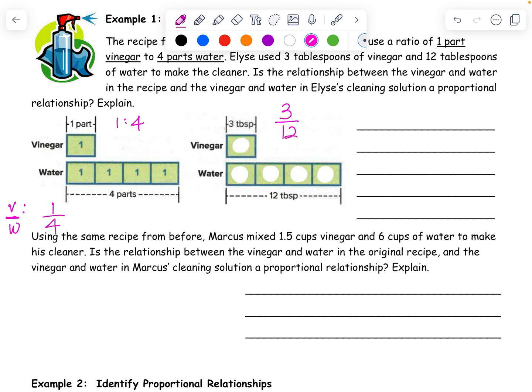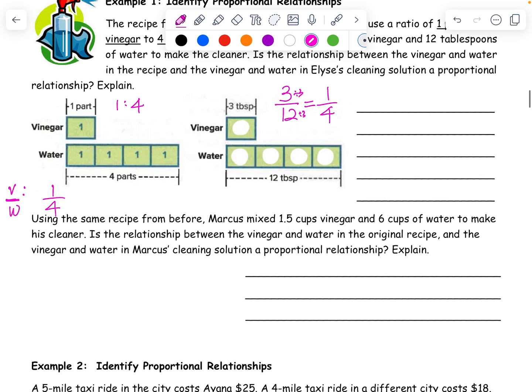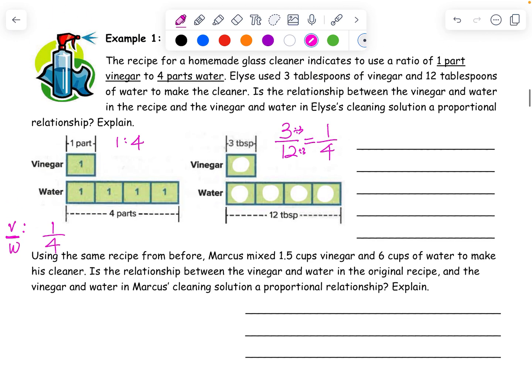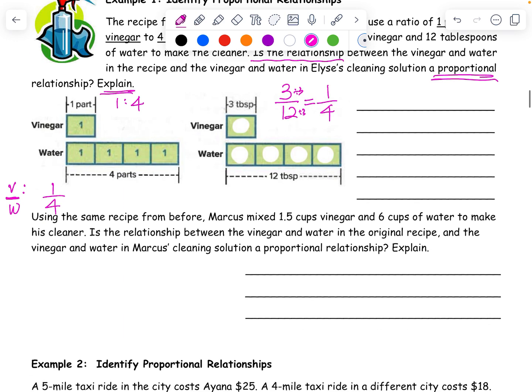So if you simplify this, remember we always simplify our fractions. You divide top and bottom by 3. It's going to come out 1 over 4. Okay, so this is a proportional relationship. You got to answer this question: is the relationship a proportional relationship? You got to say yes or no and then explain. So our answer will be yes.